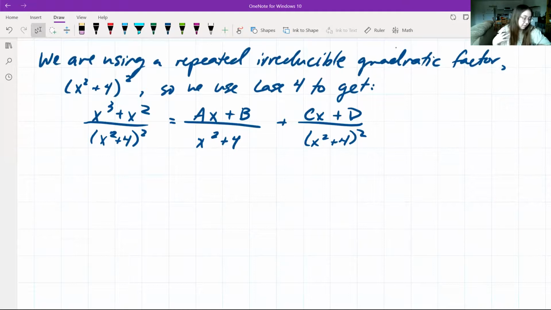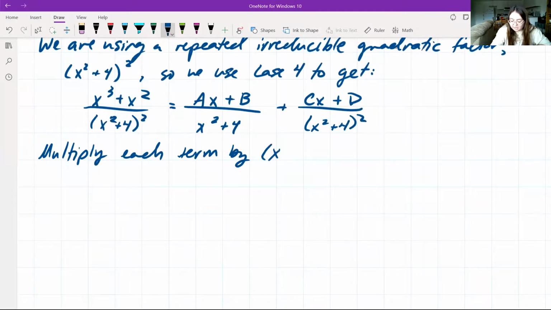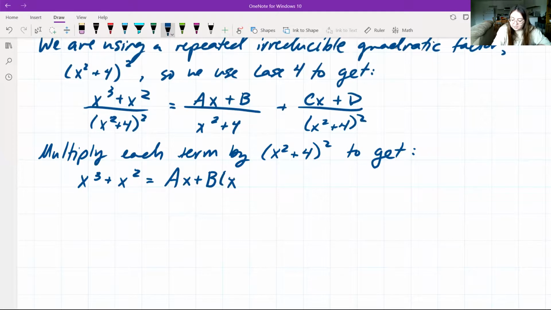So all right, now we have what our partial fraction decomposition is going to end up looking like. So we want to multiply each term by x squared plus 4 squared to clear our fractions and get that x cubed plus x squared is equal to ax plus b times x squared plus 4, put those in parentheses, plus cx plus d.